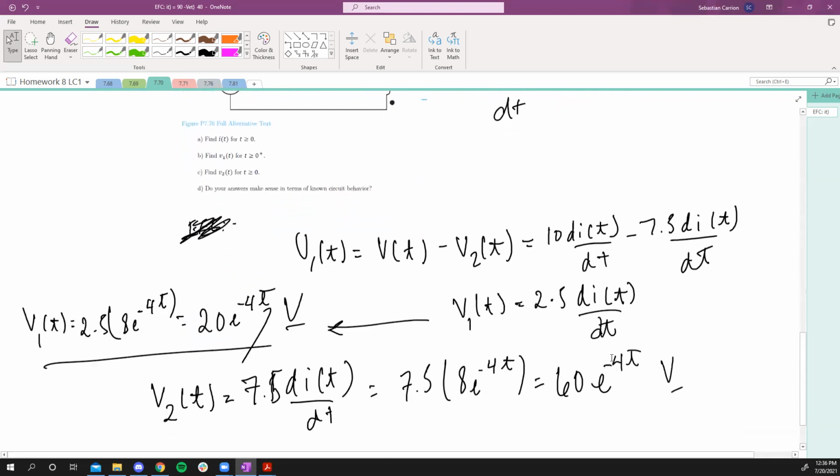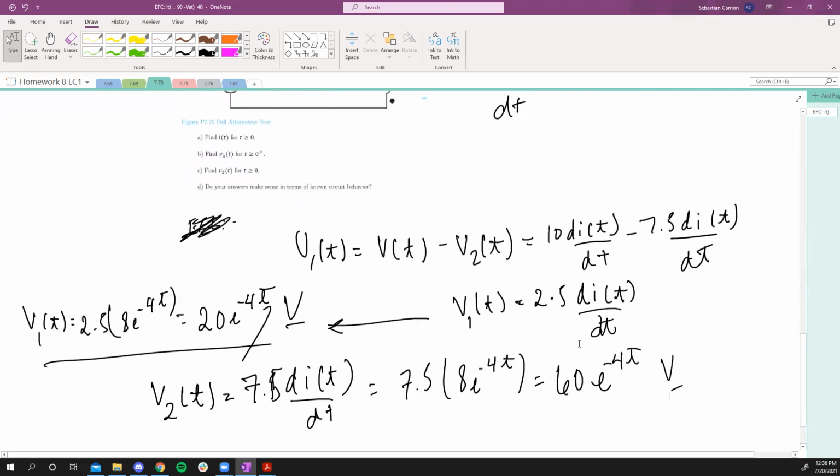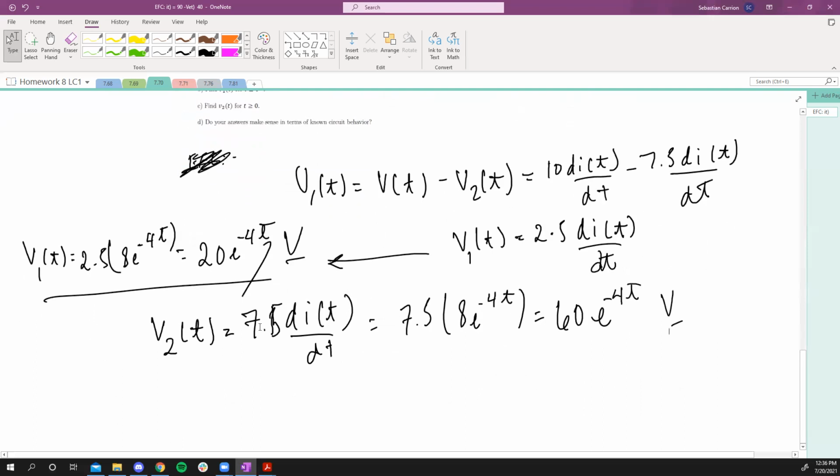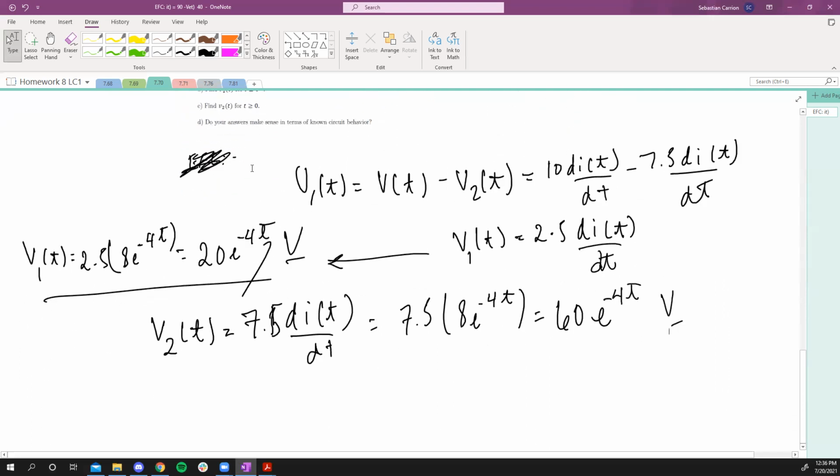I believe our conditions are satisfied. Part D, it's pretty easy to notice that at time 0, we know our original voltage is 80 volts.